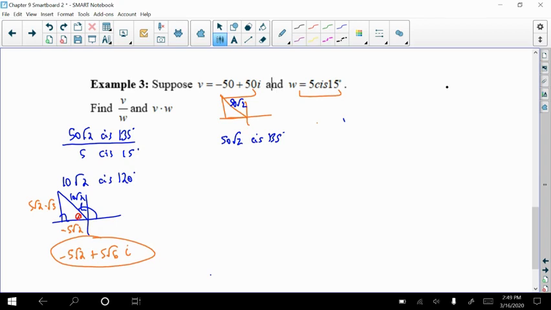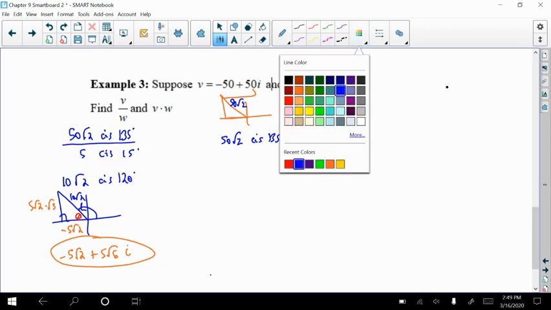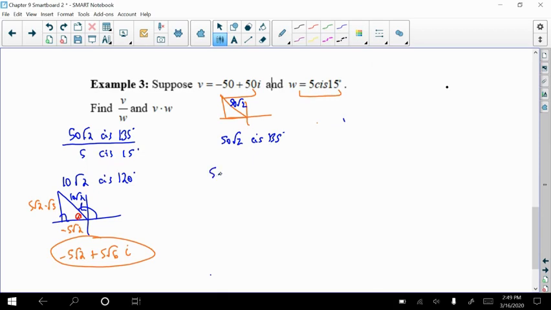Okay. It looks like the last one, I hope, is to multiply the two together. So we go ahead and multiply 50 root 2 cis 135 times 5 cis 15.